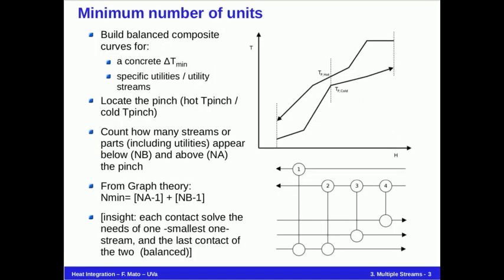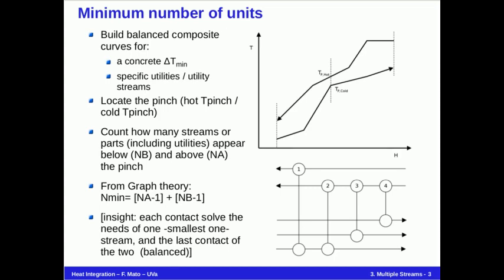At this point, we will use the concept of pinch in calculating the minimum number of units or heat exchangers. This is, of course, the minimum number of units needed to make the process work with the minimum heating and cooling.